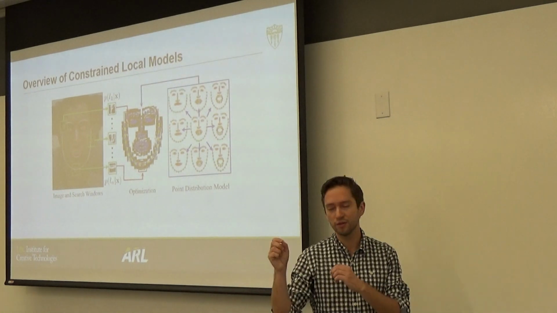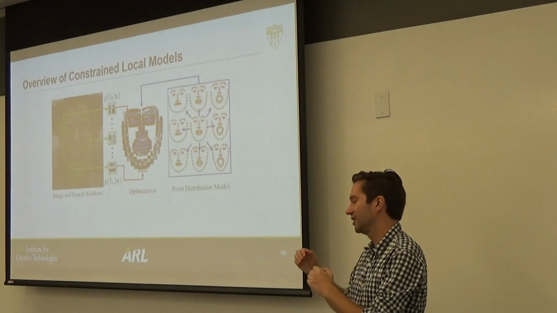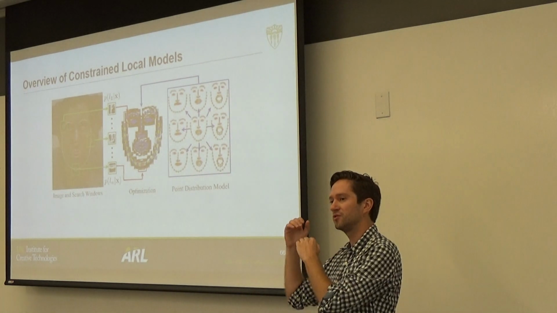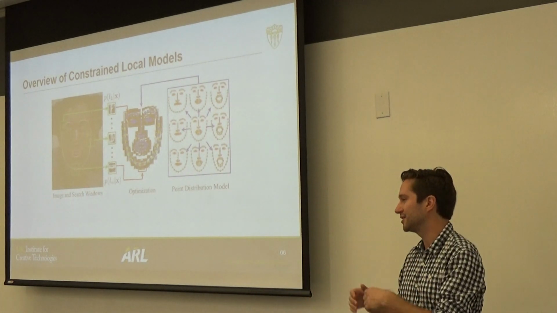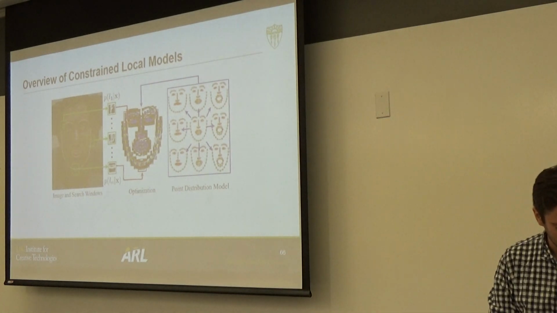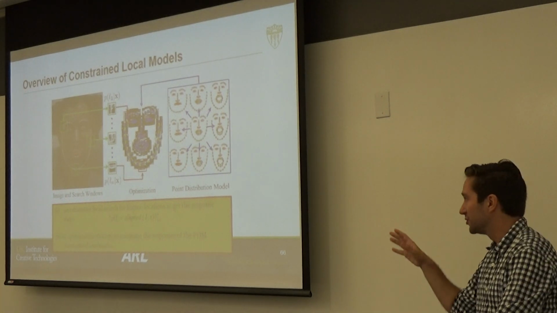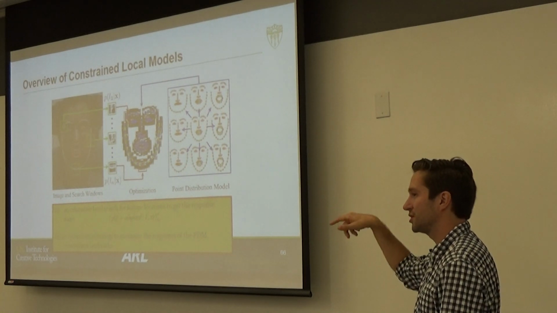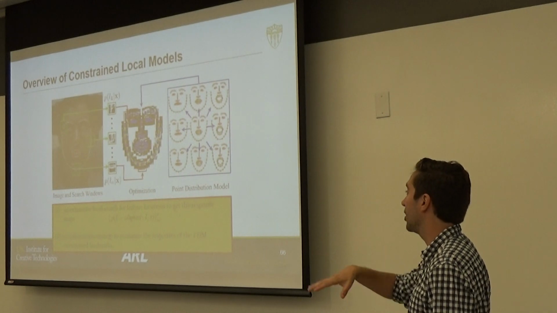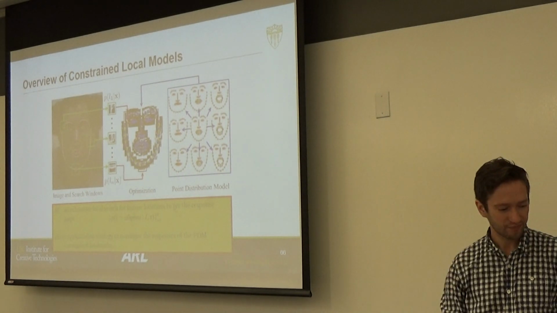So you have all those local response maps, you try to find the best point there, and at the same time, the best combination of points that resembles the best face. I don't know if that makes sense. So you have two parts: one, you look for those feature points in local search windows, and the second one is you try to optimize the global appearance of the face.